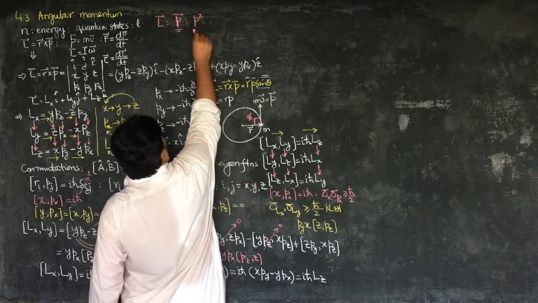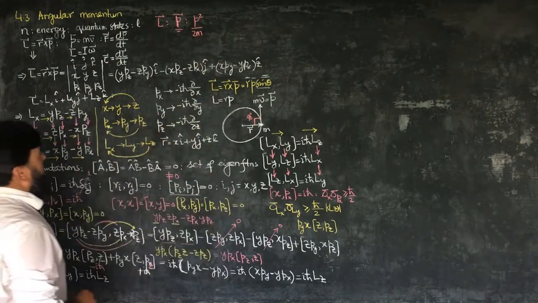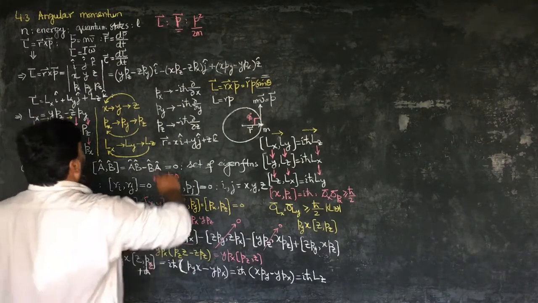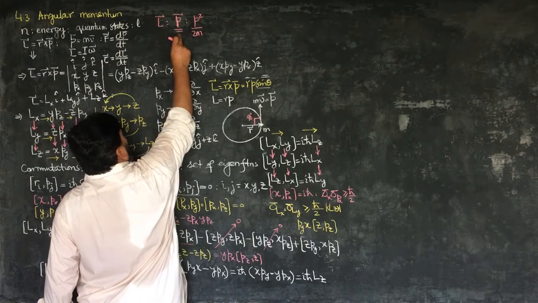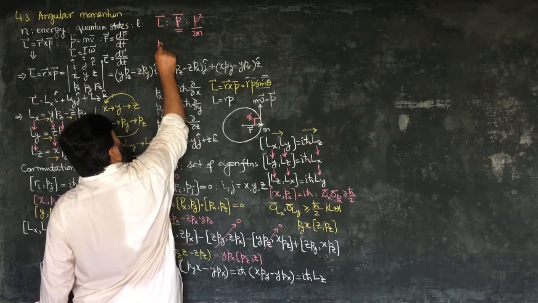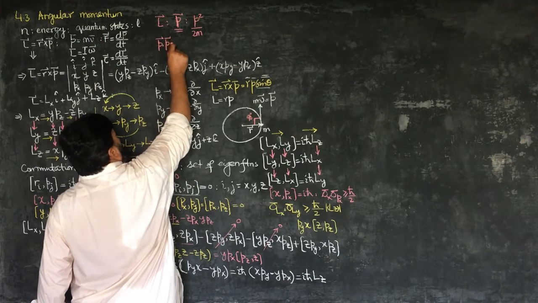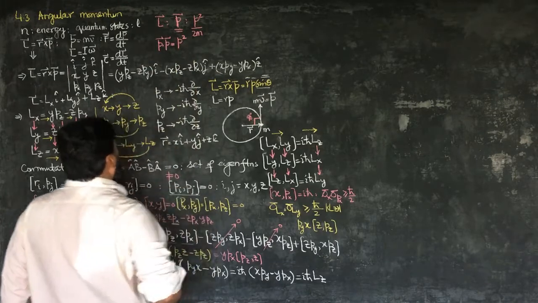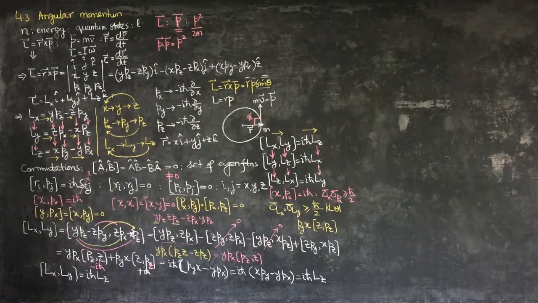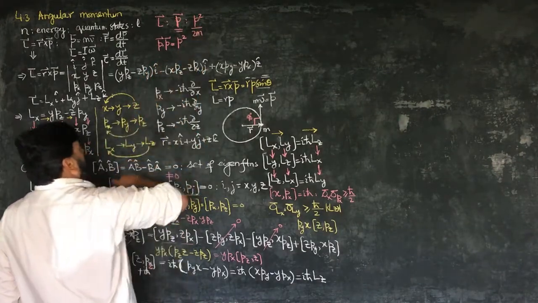Like we know that P square by 2m is the kinetic energy. So whenever the conservation of a vector fails, we go to the square of that vector, we take the inner product, and it becomes P square by 2m, and we call this energy.